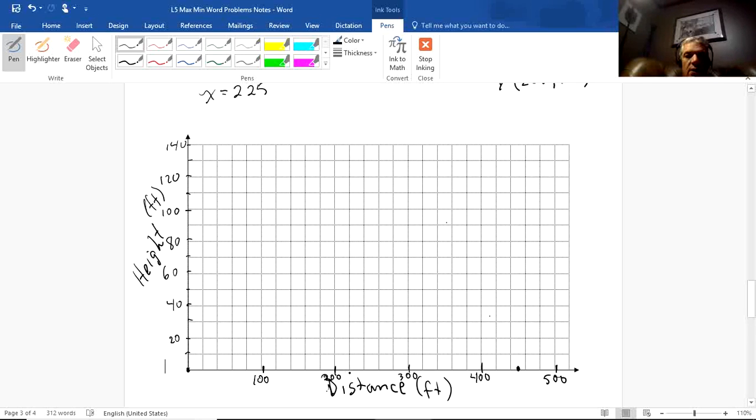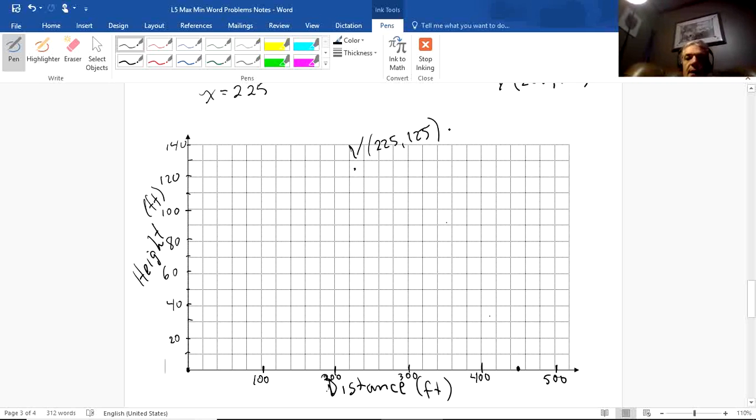So there's 220, and 225 is about here, and I have to go up to 125. Well, that's 130, that's 120, so it's right in here. Okay, now sometimes it's worth labeling this particular vertex, okay? So it's 225, comma, 125, okay?